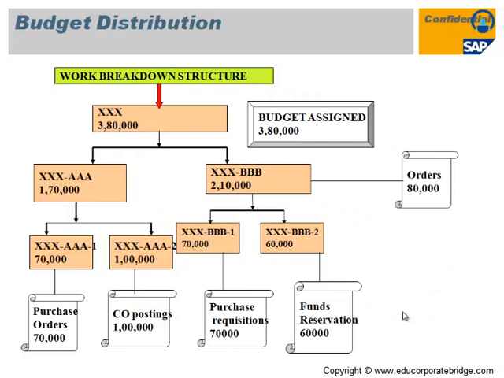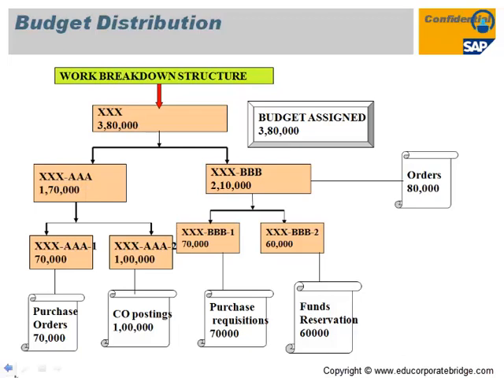Either you can do the budget from the bottom up, that is from the lower level to the higher level WBS, which automatically gets rolled up, or you can apply the budget on the top level of the WBS and later distribute it on the lower level WBS.